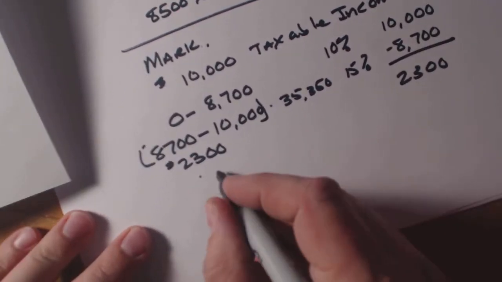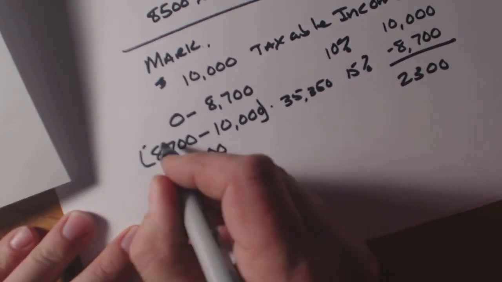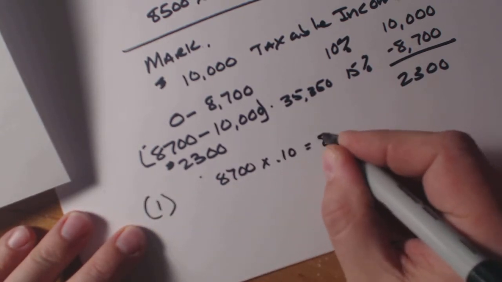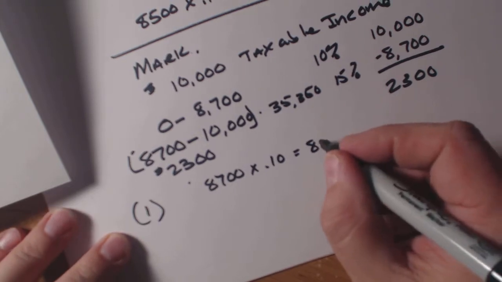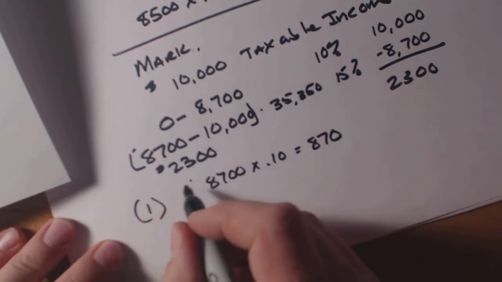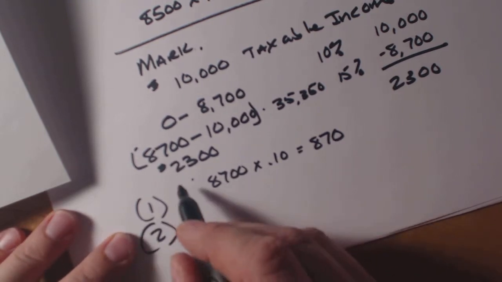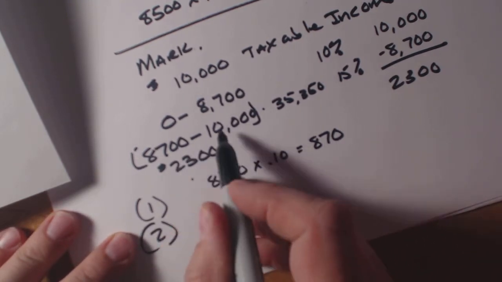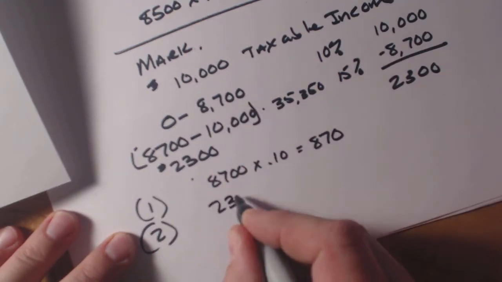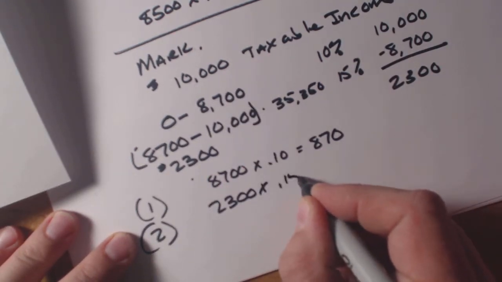So the calculation is 8,700, from category number 1, times 0.10, which is $870. Then from category 2, it would be 2,300, which is the difference between 8,700 and what he made. So there's $2,300 at 15%.